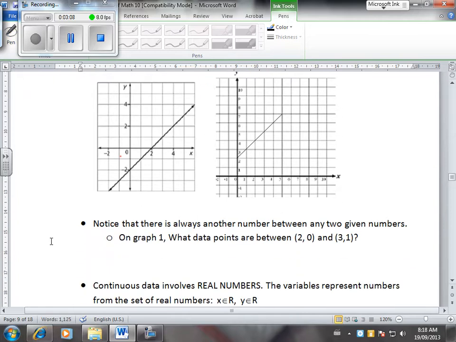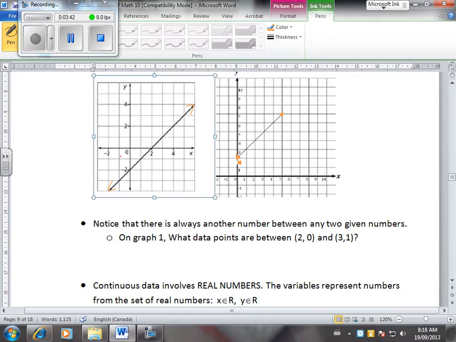So if we look at our two graphs here, graph 1 and graph 2, you'll see that this one has arrows on it, right? And this one doesn't. So we don't know what kind of dots are here, but let's just put solid dots. The type of dot doesn't really matter so much as recognizing that A, they're both continuous, and then recognizing that there's restrictions on one and not on the other.